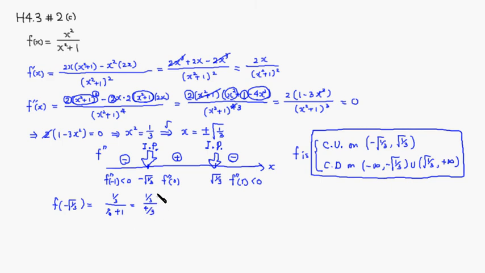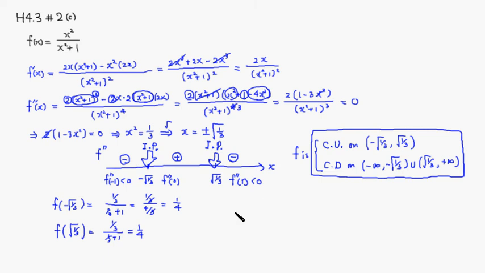Multiply top and bottom by 3, and you get 1/4. You'll get exactly the same value if you plug in positive square root of 1/3, because squared it's still 1/3 over 1/3 plus 1.